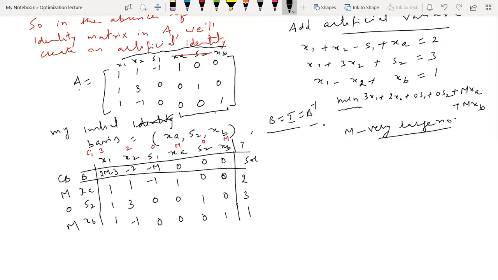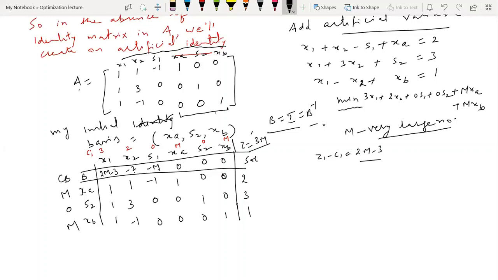And what is my objective function value? You multiply cB with xB, so it is 2M plus 1M, which is 3M. This is my objective function value. The question is, is this an optimal solution? You see, my zj minus cj's are negative, but for the first one, Z1 minus C1 is equal to 2M minus 3.